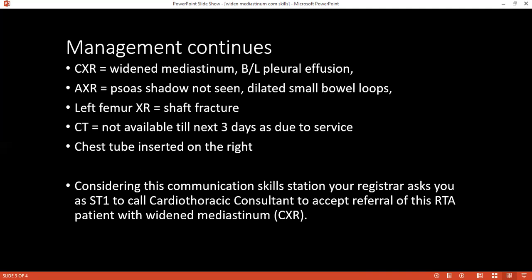So to confirm this patient has a retroperitoneal collection, I ask for... As you said, the psoas shadow is blunt, so you thought it could be an intra-abdominal collection or maybe a retroperitoneal collection.